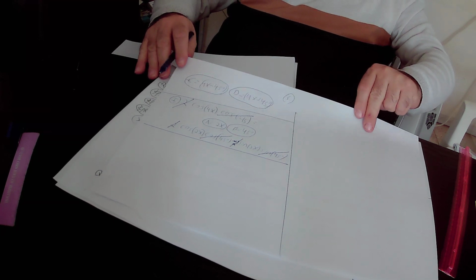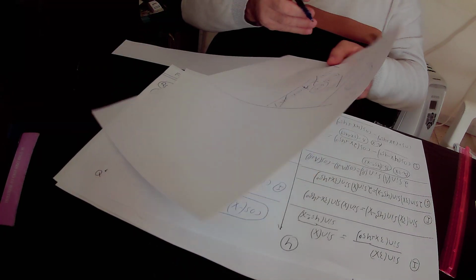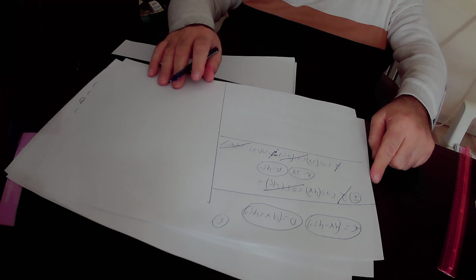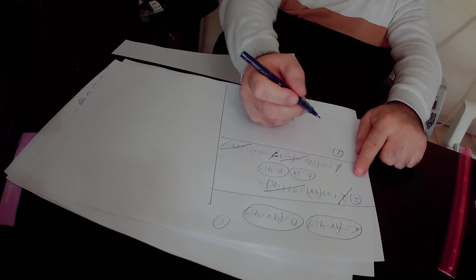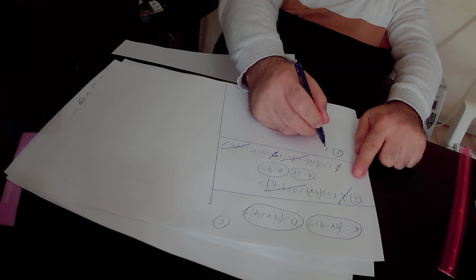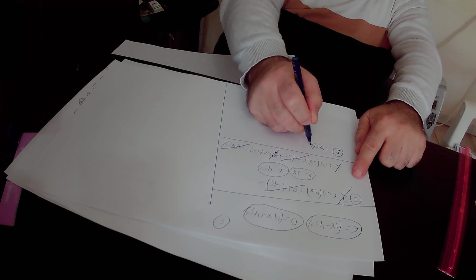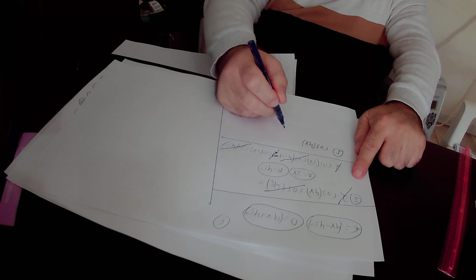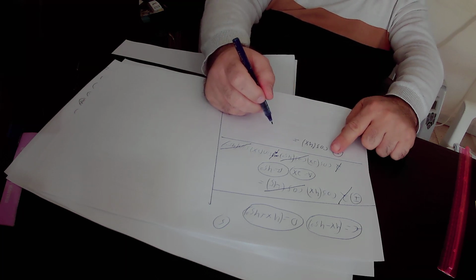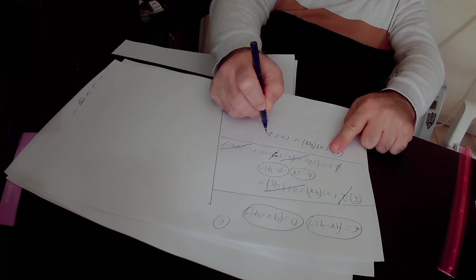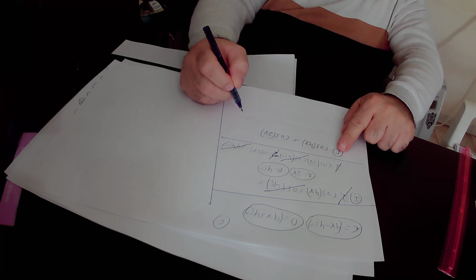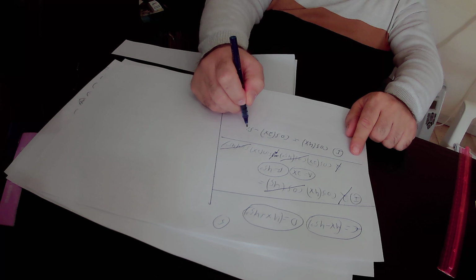So what is left from equation number 1 after we cancel 2 cosine 45 degrees? What is left is actually cosine 4x equals cosine 2x minus sine 2x.